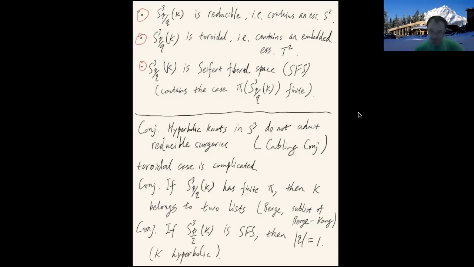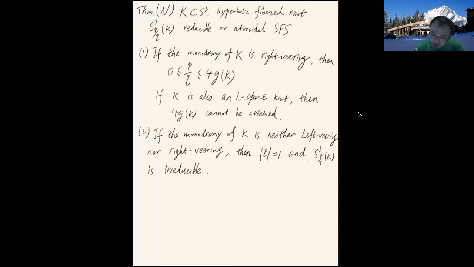Okay, right. So if you look at these three conjectures, then you can realize that the second part of our theorem actually proves the first conjecture and the third conjecture in the case when K is fibered and the monodromy is neither left-veering nor right-veering.